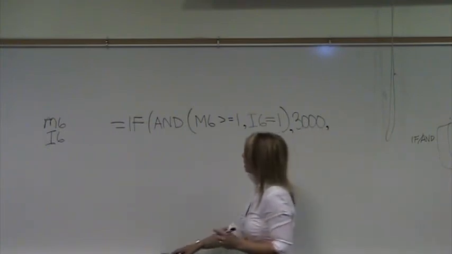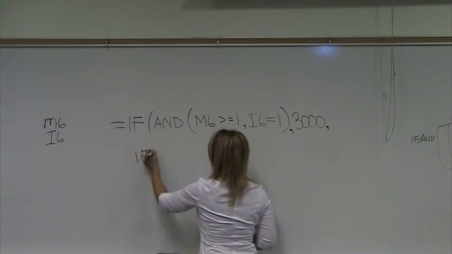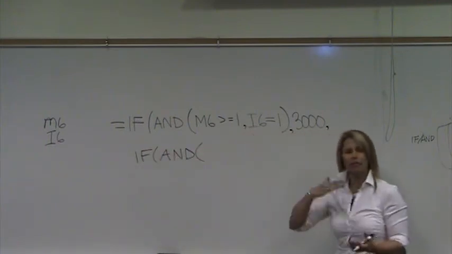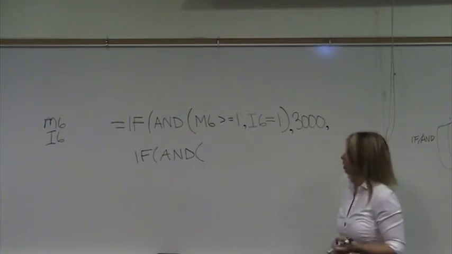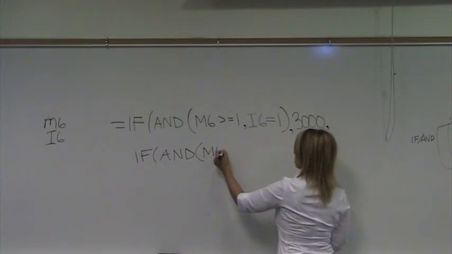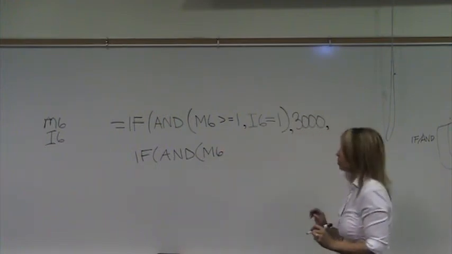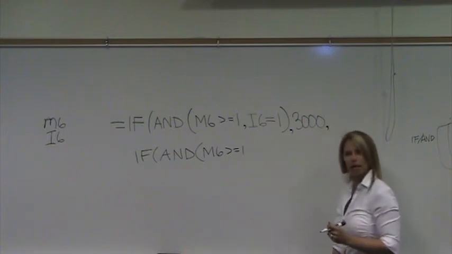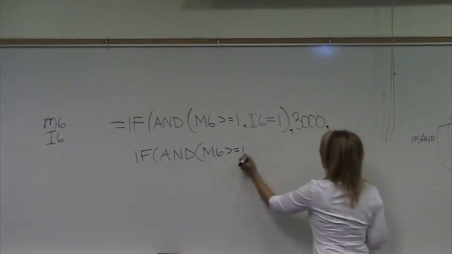Okay? Let's write another IF function. What's the next thing we need to evaluate for the next dollar level of bonus? M6. No, wait a minute. Yep, you're right. M6, which is your years of service, still has to be greater than or equal to 1, right? Yep. Okay, that's our first test.